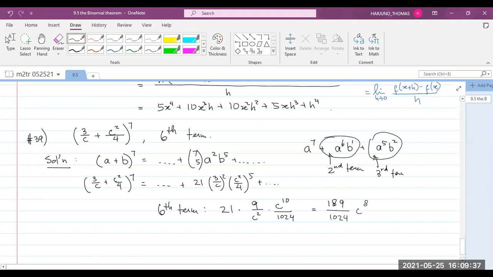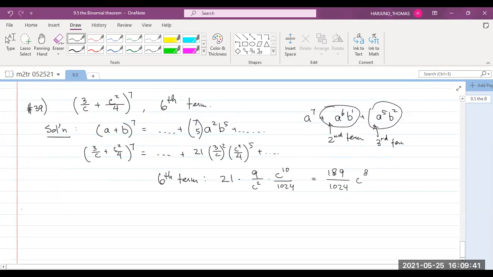Okay, now I would like you to try number 41 with your break. Number 41, (1/3 u plus 4 phi) to the 8th. We want the 7th term. Also, number 45, why not? So let me break it up here.